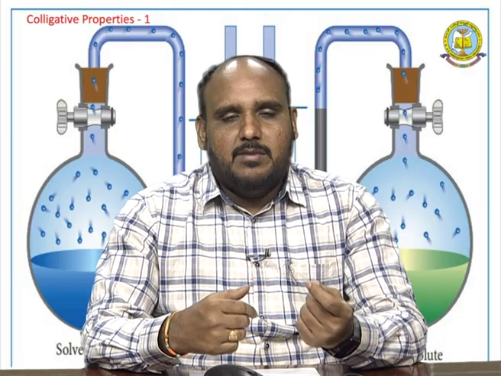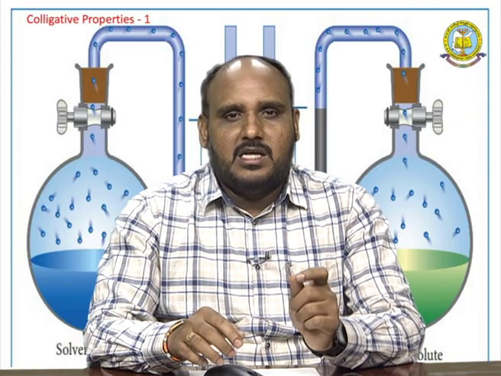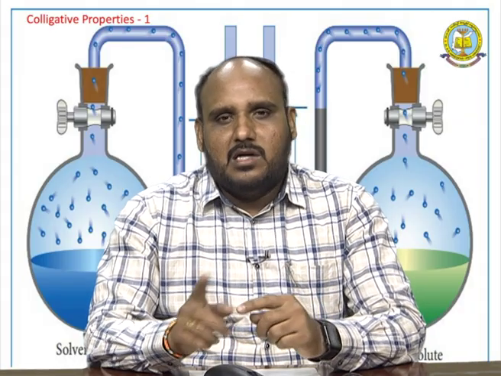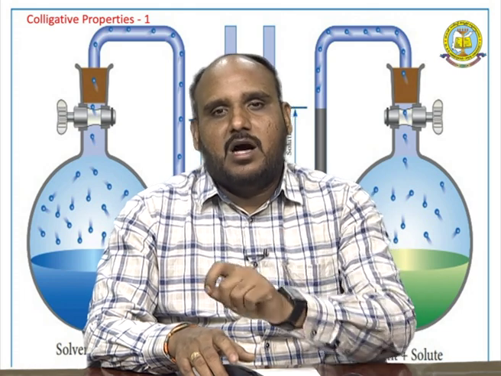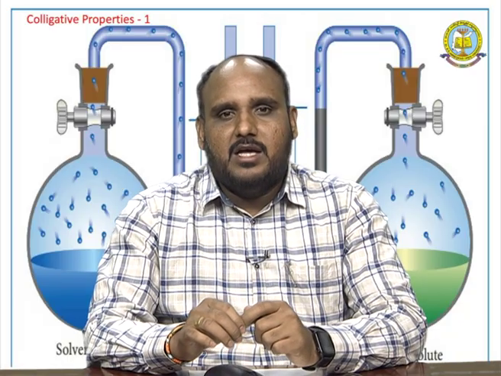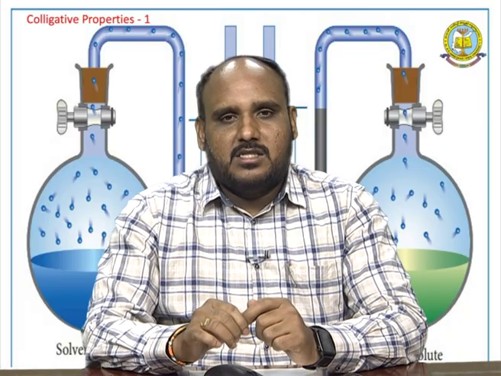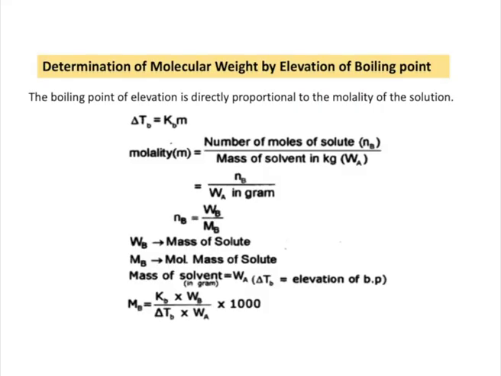A little amount of ethyl alcohol is mixed with water, so ethyl alcohol is treated as the solute, and it has some molecular weight. How much amount of ethyl alcohol is added to the water? That weight divided by the molar mass of that substance is the number of moles of solute, and capital Wb is the mass of solute. Then the mass of solvent is Wa.